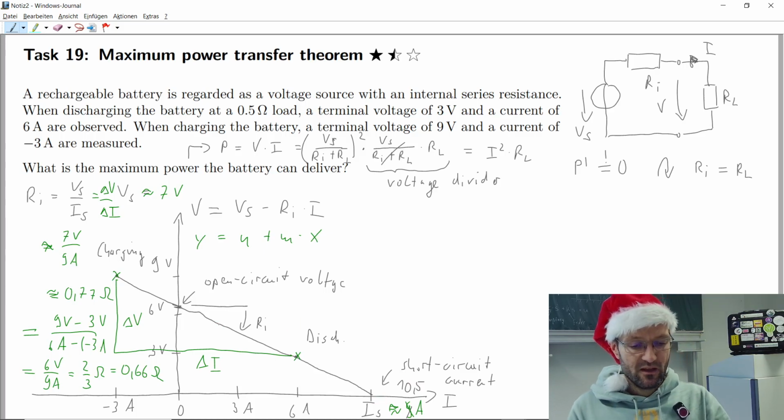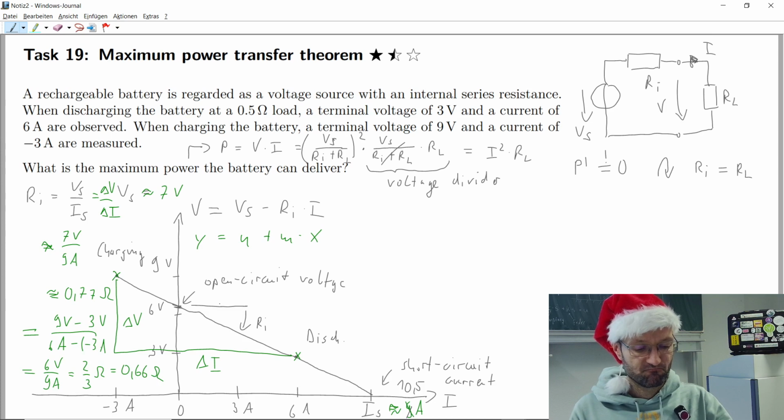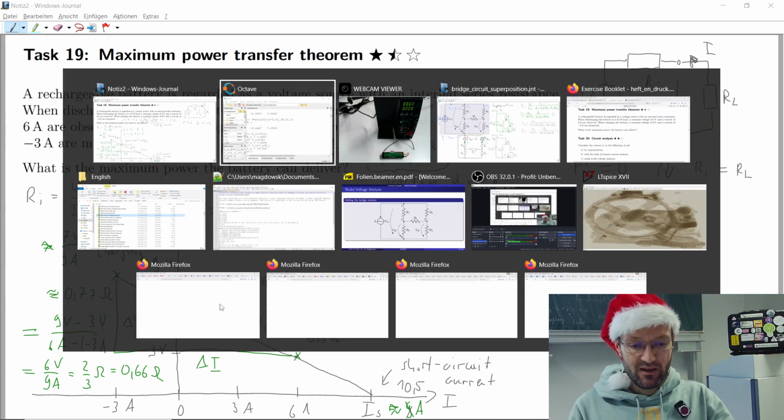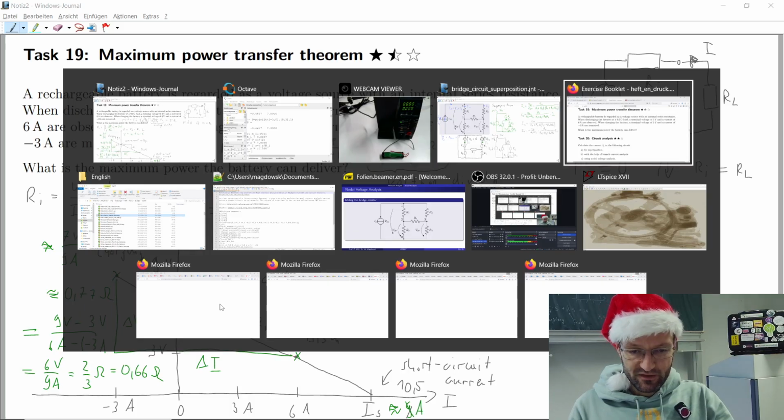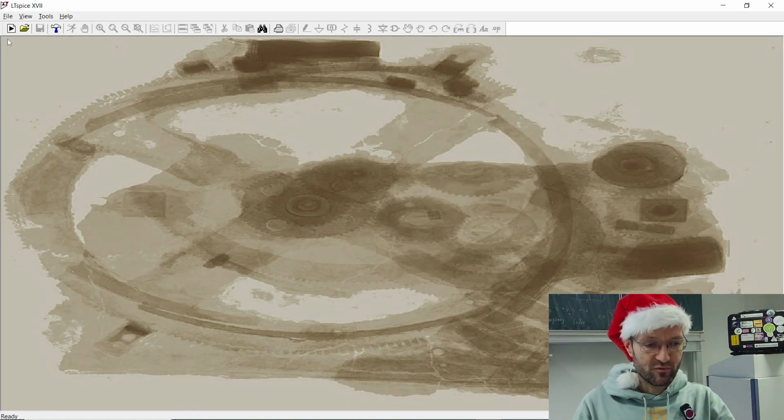Okay, and now this is how we get to this slope, to this schematic. Now, what I suggested to do, and there it is still open, too many programs open on my computer. There's my LTspice.